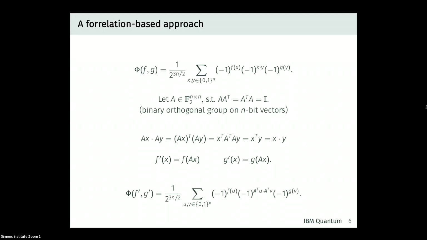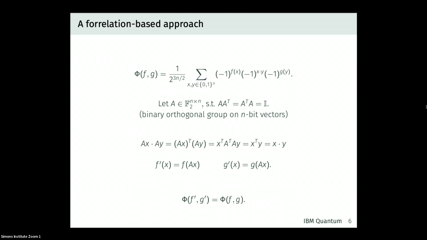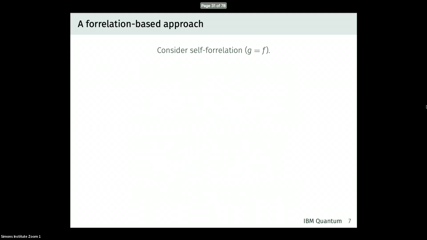And what was before -1 to the x dot y now becomes A inverse times u, which is x, dot A inverse times v, which is y. Because these matrices preserve the inner product, this is the same as u times v. So this quantity is exactly the same as the original. Correlation is essentially invariant under these affine orthogonal group transformations. So the two correlation quantities are the same. That's one observation.